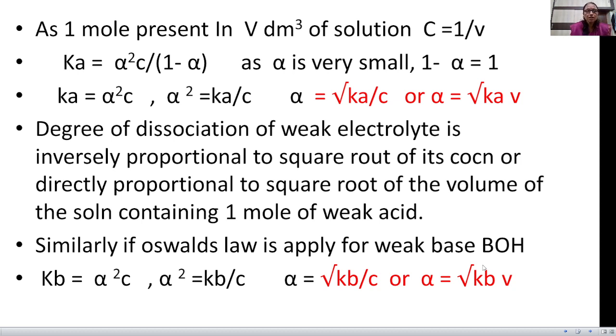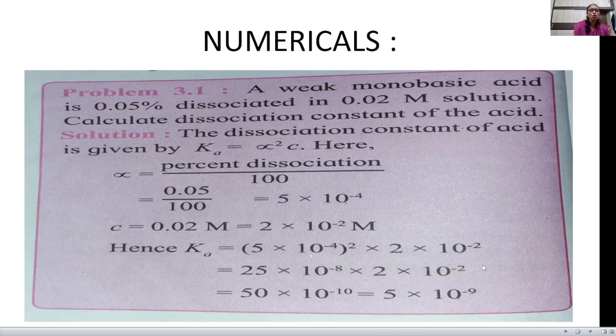A question may be asked like: derive Ostwald's dilution law for weak acid, or for weak base, or in general, derive Ostwald's dilution law for weak electrolyte. Next are the numericals based on this Ostwald's dilution law.